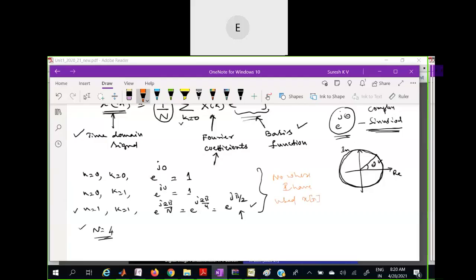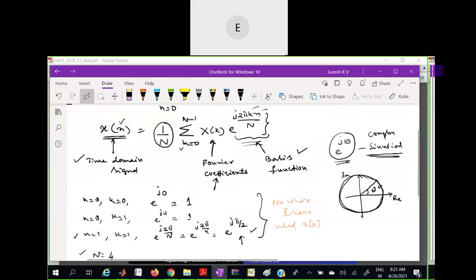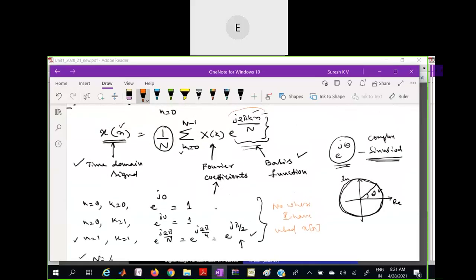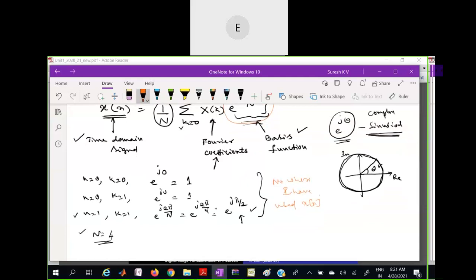Have I used x of n in my calculation of basis functions? No. Just carefully observe, the basis function makes use of only this term. That means the signal is not considered for calculating the basis function. So whatever may be the input x of n, the basis functions will not change.